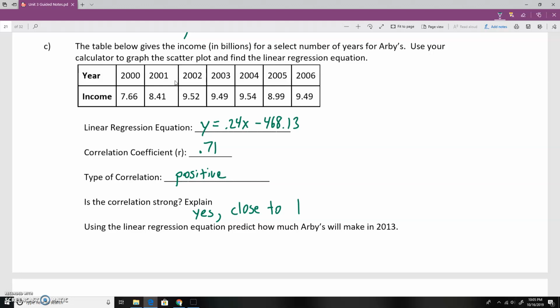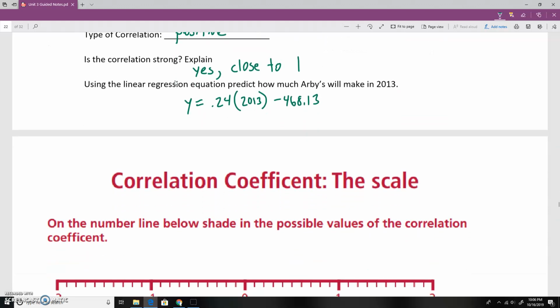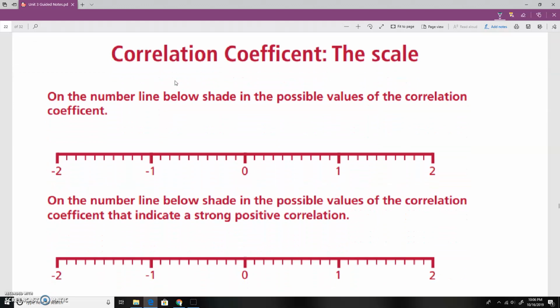Now, if we want to use this equation, again, this is something we've been doing, so hopefully you're good doing this. You're just going to plug in the value of 2013 that we're looking for into our equation, and use the calculator to get our answer there. All right, so let's look at some of these graphs on this next page.